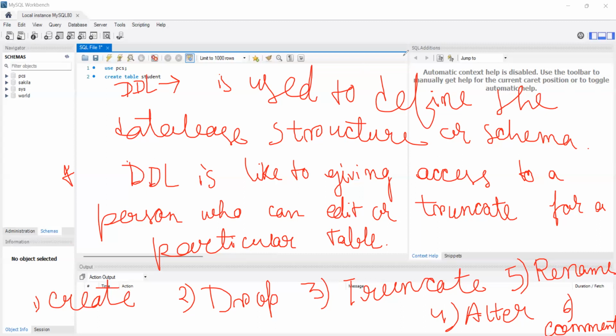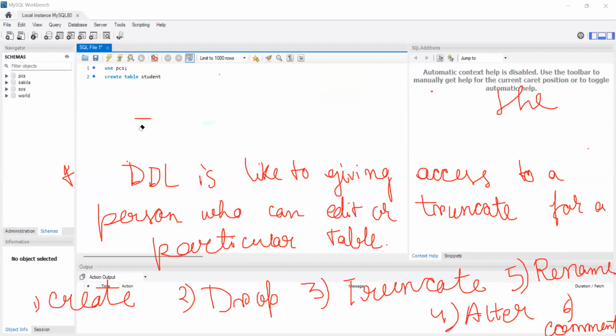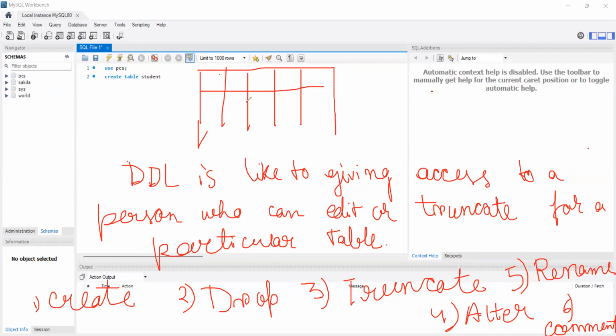See, actually, in SQL, what is the major difference between drop and truncate?